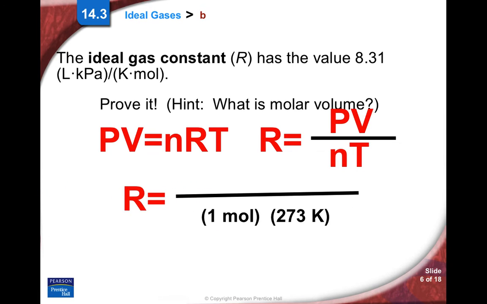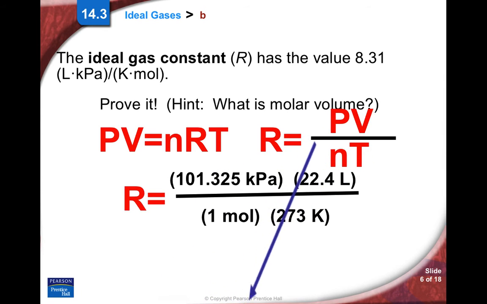In the bottom, 1 mole of any gas at 0 degrees Celsius, which is 273 Kelvin, will occupy 22.4 liters if it's at 1 atmosphere, and 1 atmosphere in kilopascals is 101.325. Push those numbers through your calculator.